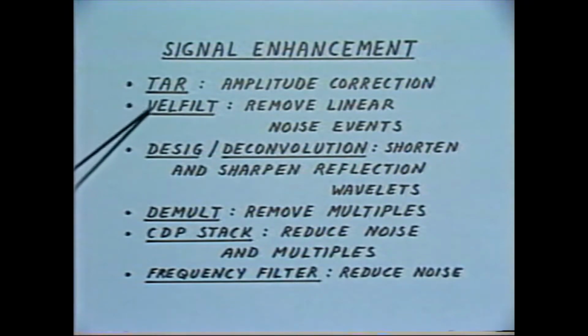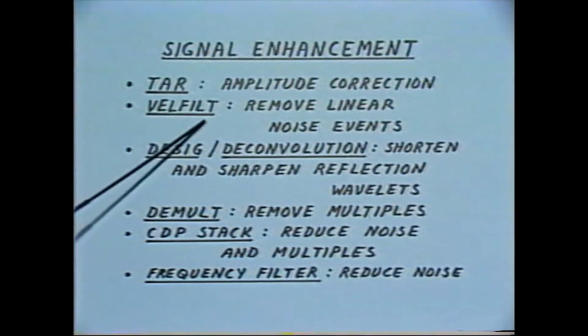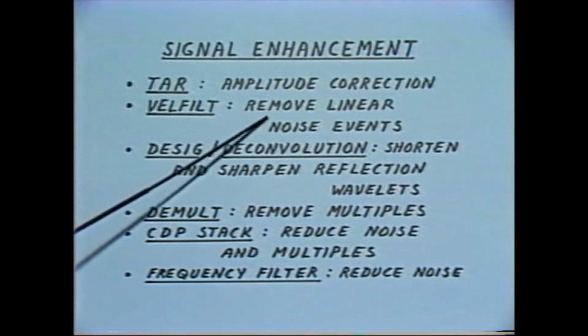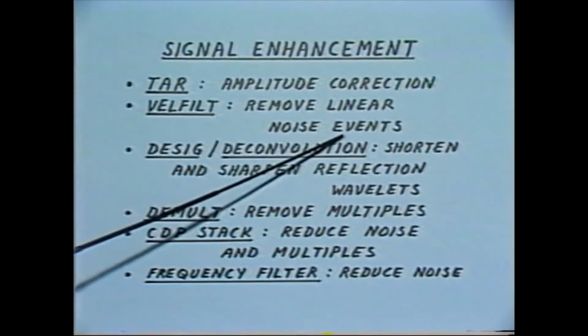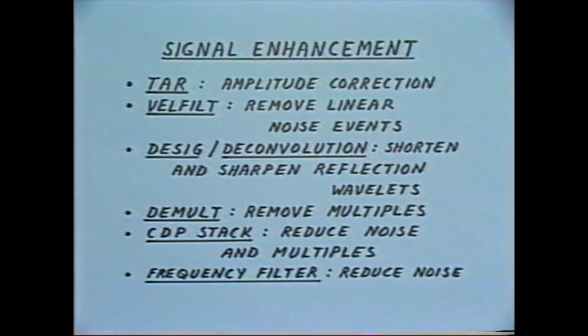That's often followed by a process called velocity filtering, or VELFILT, which removes certain of the non-random noise events, that is the surface noise modes, and also can reduce the random noise to a certain extent. Another process that's almost invariably used on seismic data is some form of deconvolution.